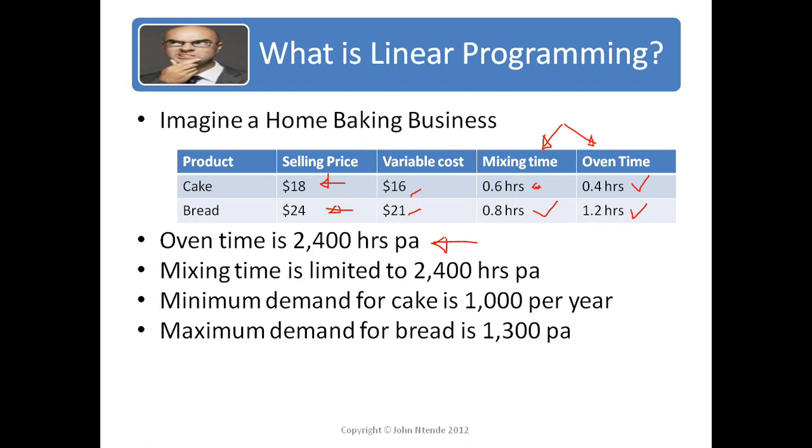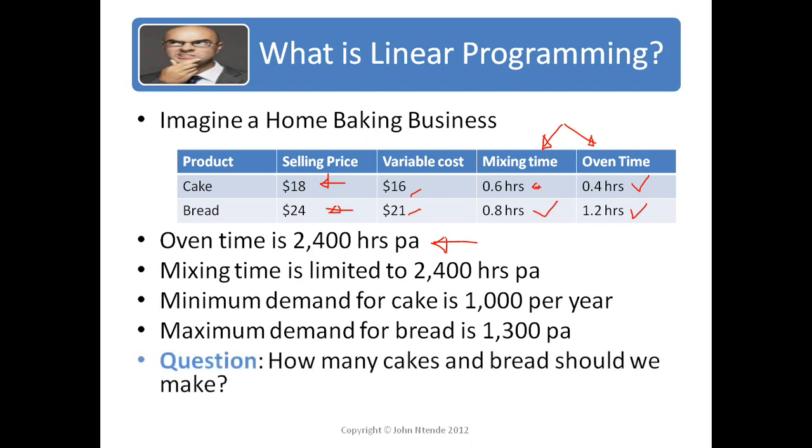So the question we need to ask, which linear programming can help us solve, is how many cakes and units of bread should we make? So you see here we're trying to maximize a certain objective, which we shall look at in detail, for a given business which is subject to all these constraints.